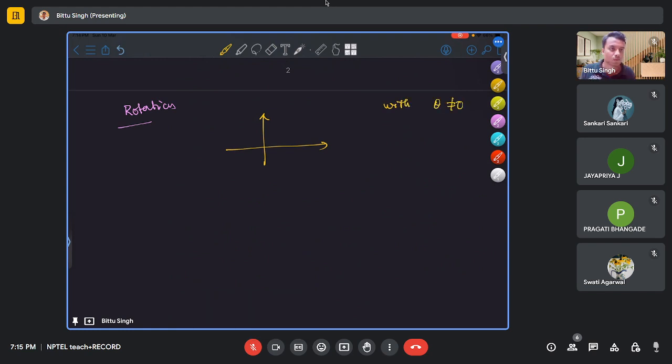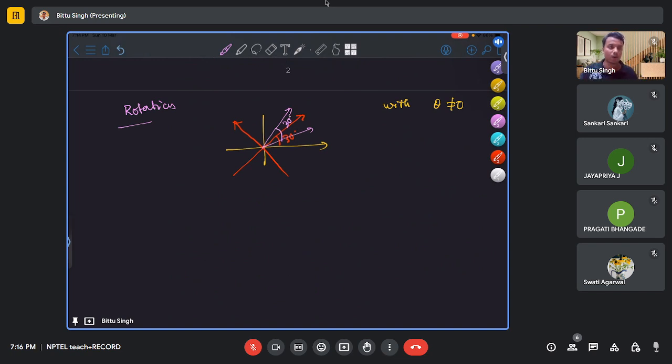Then this x and y axis will move to this new x and y axis. Suppose theta is 30 degrees. Now you can see that if you pick any vector from this plane, it will move to another vector, and the angle between them will be 30 degrees, right?